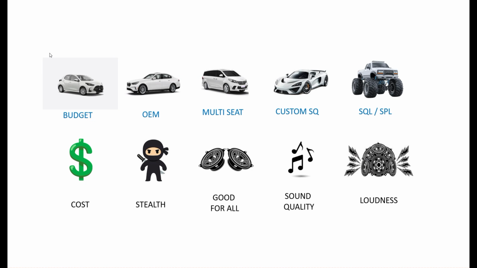So each of these builds is designed around delivering a specific purpose, right? And of course, the choice of speakers, the locations that you put them, how you install them, and the number of speakers and amps that you have to drive them will all be quite different. And so we're going to talk about these different types of builds today and what makes them special. And if OEM is important to you, keeping things stealthy, well, that's fine.